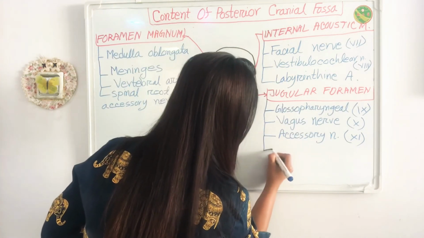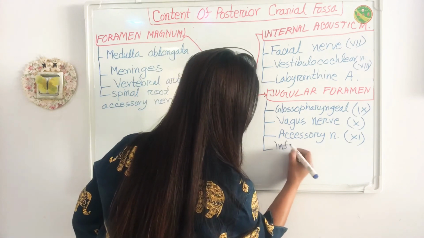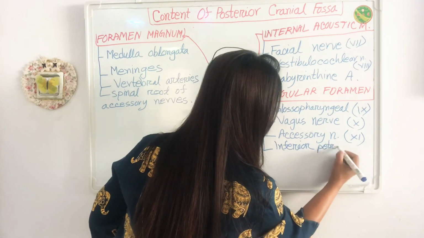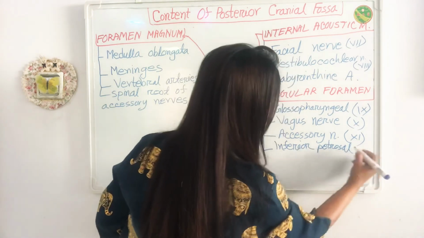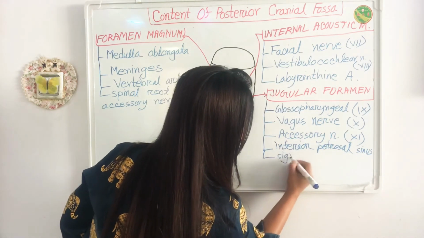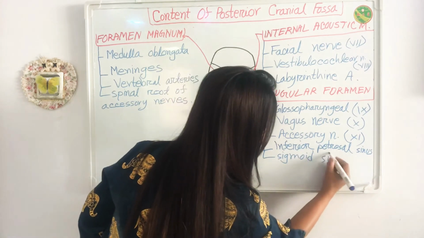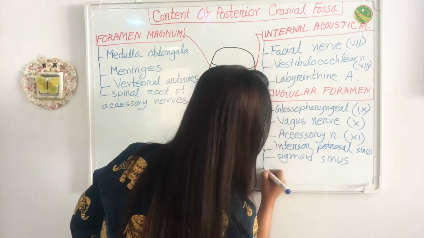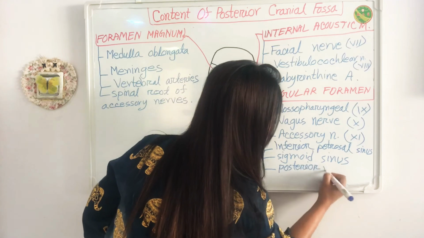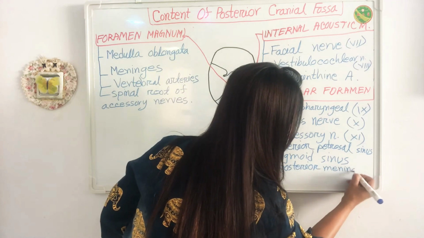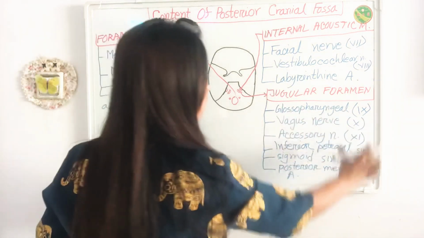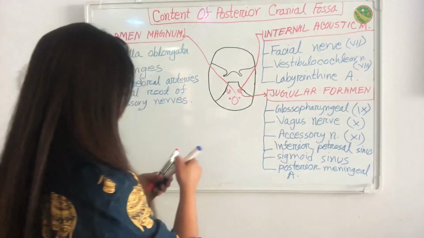These are the inferior petrosal sinus, then the sigmoid sinus, and the posterior meningeal artery. So these structures pass through the jugular foramen.